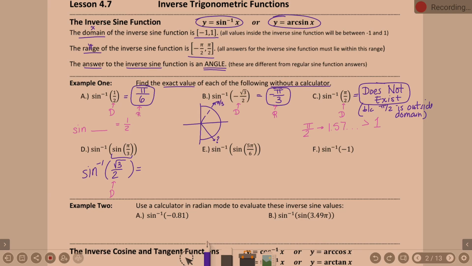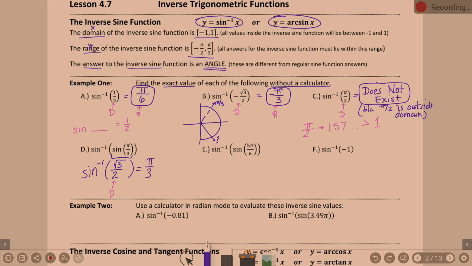I'm not sure. Okay. So when we talk sine inverse, remember our answer is going to be an angle. So at what angle does sine equal square root of 3 over 2? Pi over 3. Yes? According to our chart, pi over 3.